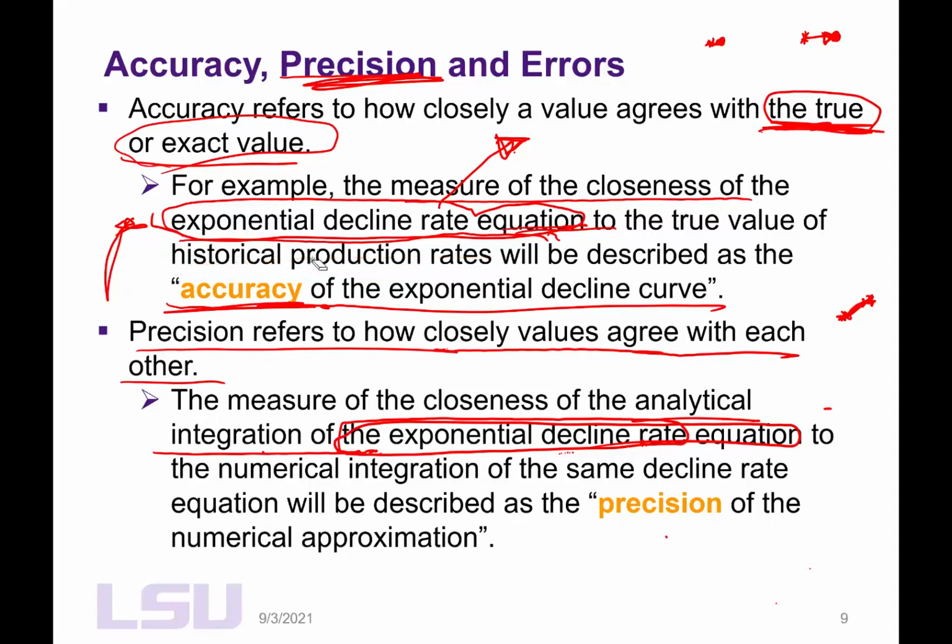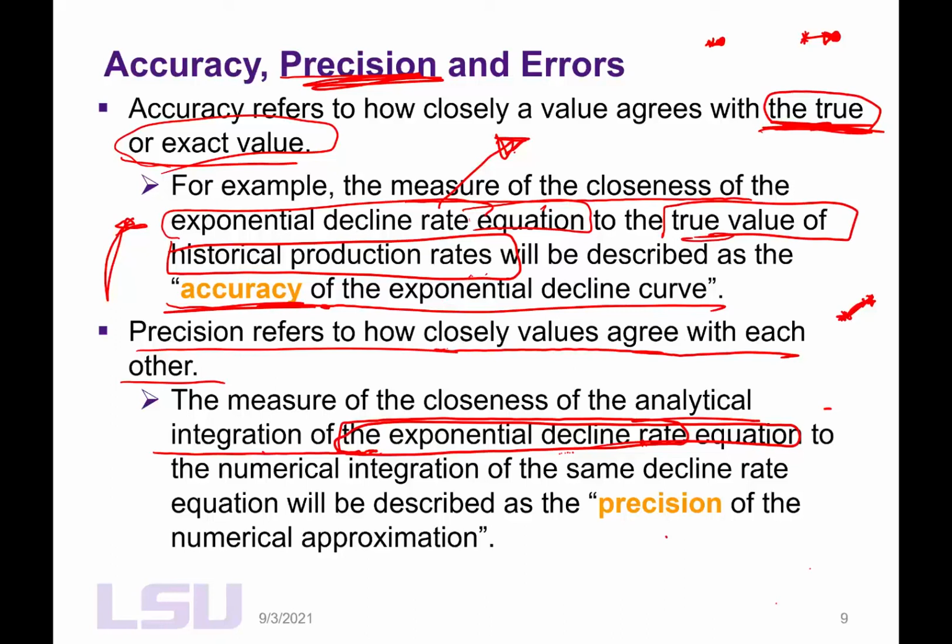What is the true value? I gave you the true value here, right? The true value is the historical production rate. Your exponential decline rate is an approximate solution, an approximation of the actual or true value. So integrating this approximate value doesn't give you the true value, right?